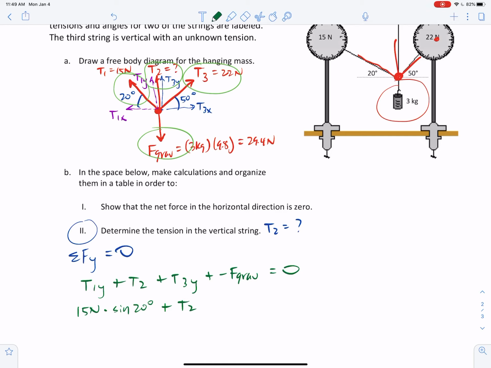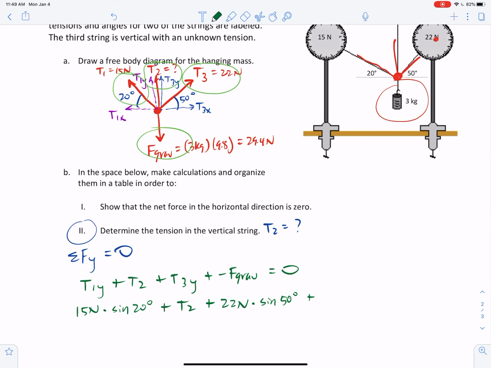It's my unknown. T3, I do have to break up. I'm going to take the full value of T3, which is 22 newtons, times the sine of 50 degrees for the vertical component. Plus the force of gravity, setting that whole thing equal to 0.